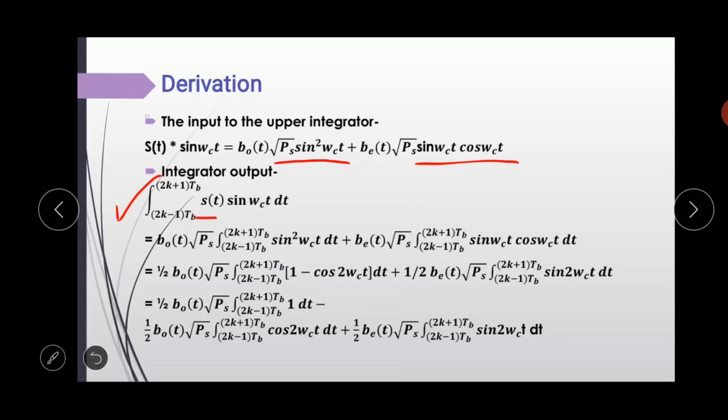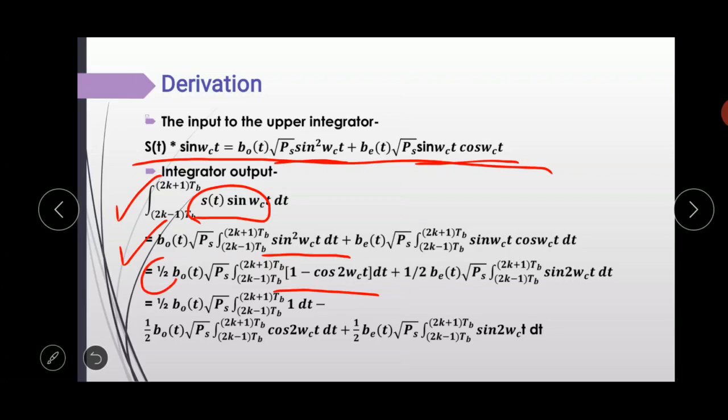Then we substitute the value of S of t into sin omega ct. This one is the equation. Then here you can see sin square omega ct. Using a mathematical formula we solve this equation. As we know, sin square omega ct equals 1 minus cos 2 omega ct by 2. So here we put the value, 1 by 2 into 1 minus cos 2 omega ct.